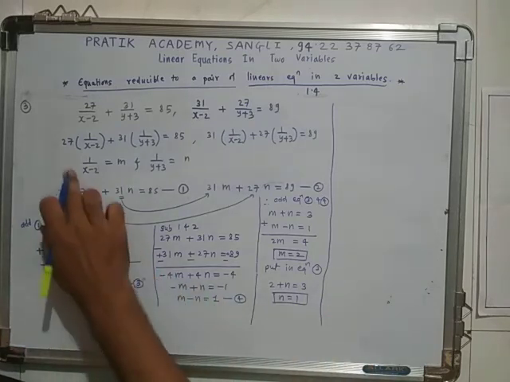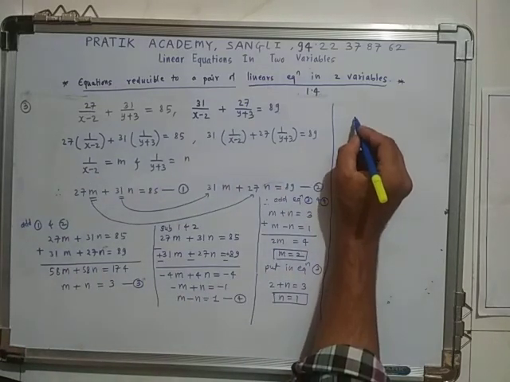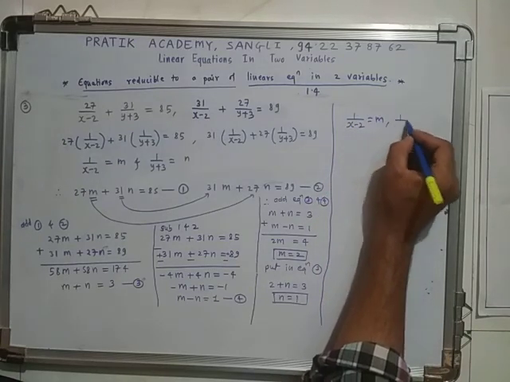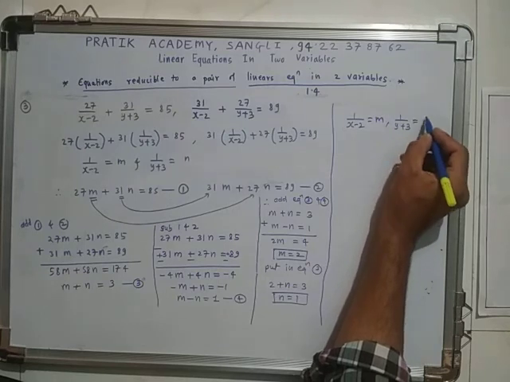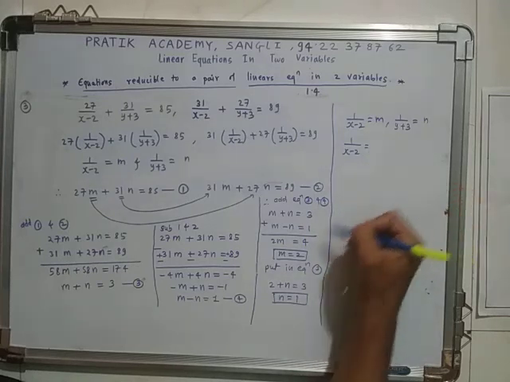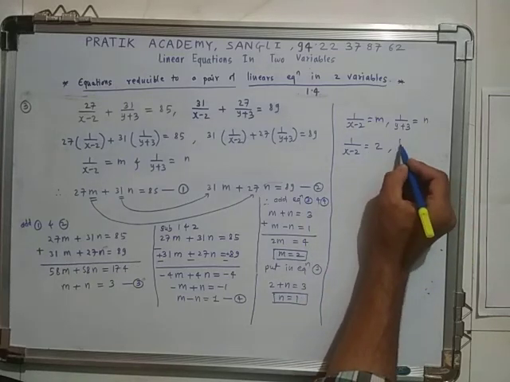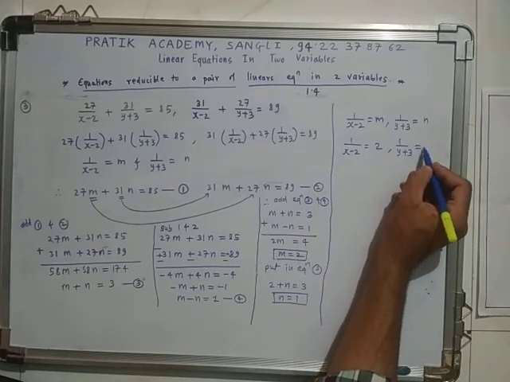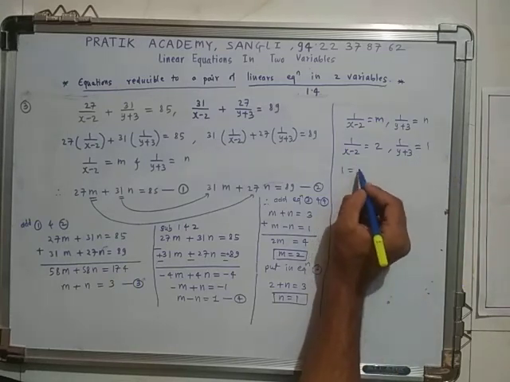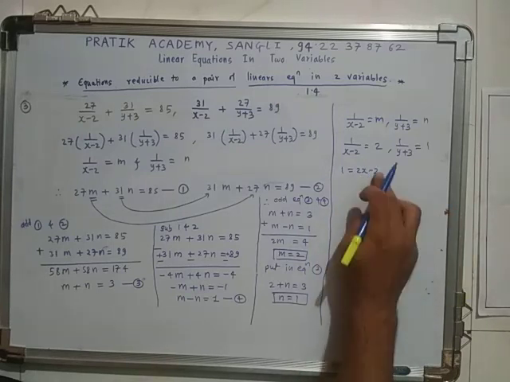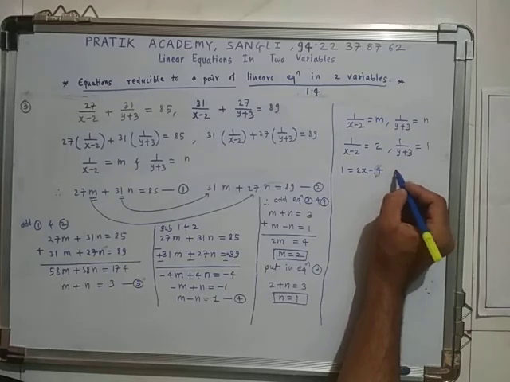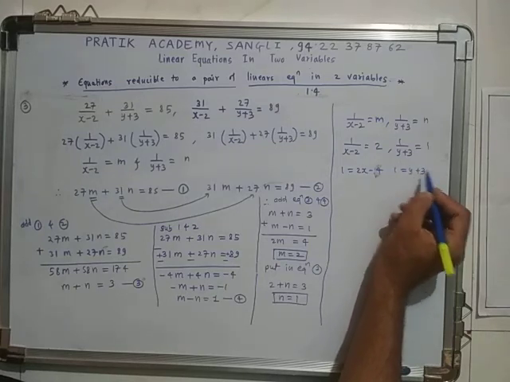So put these values here. We know that 1 upon x minus 2 is equal to m, and 1 upon y plus 3 is n. So 1 upon x minus 2 is actually 2, and 1 upon y plus 3 is actually 1. So to solve this, 1 is equal to 2x minus 4, and here 1 is equal to y plus 3.